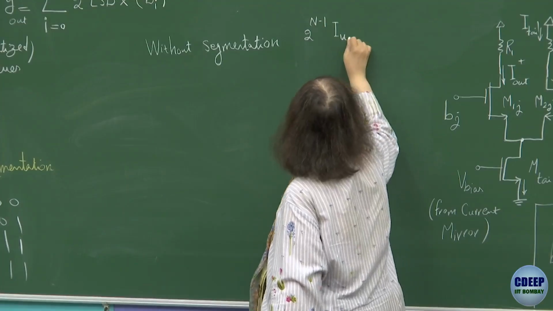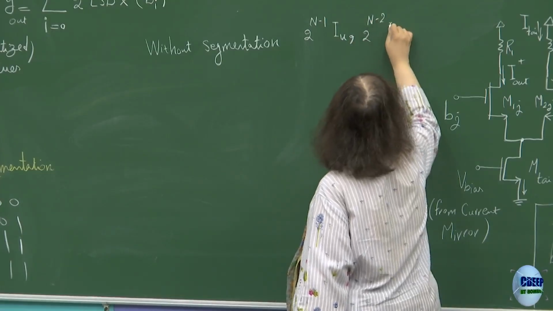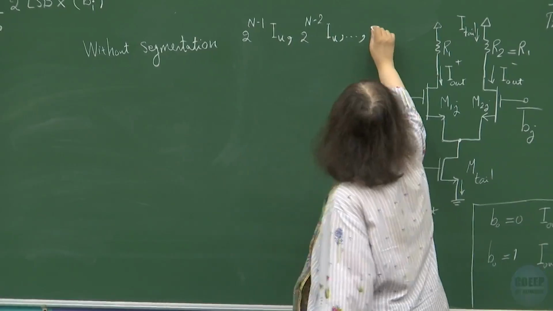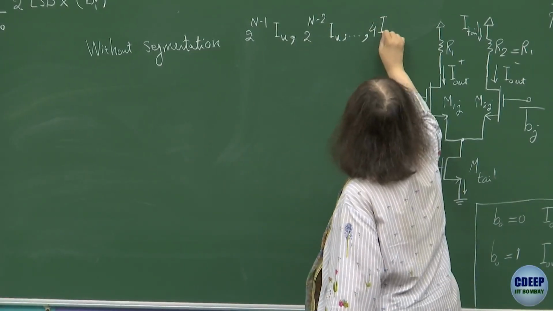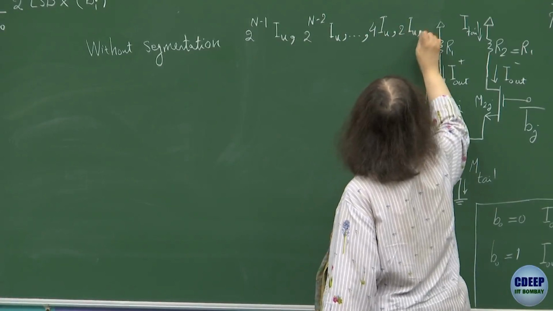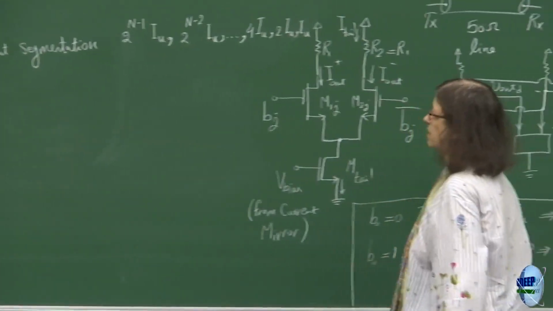These are the tail current sources. Then 2 to the power n minus 2 IU, then say 4 IU, then 2 IU, and 1 IU. 0 naturally will be when all of them are disconnected, it will give us 0.